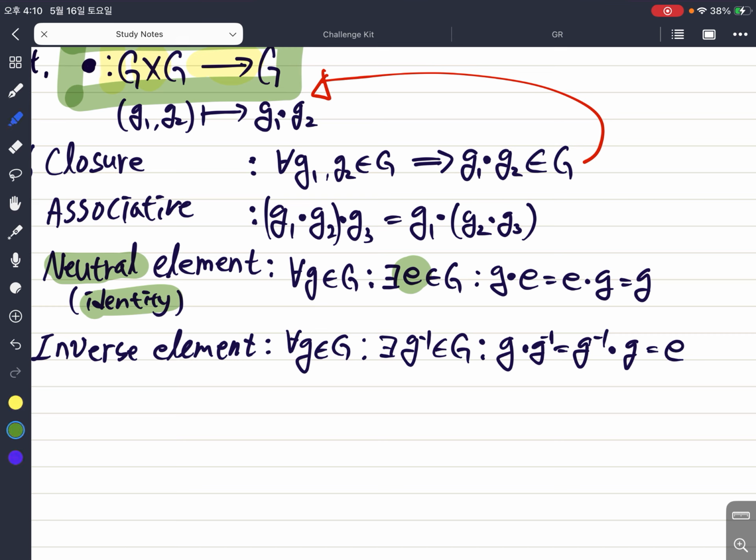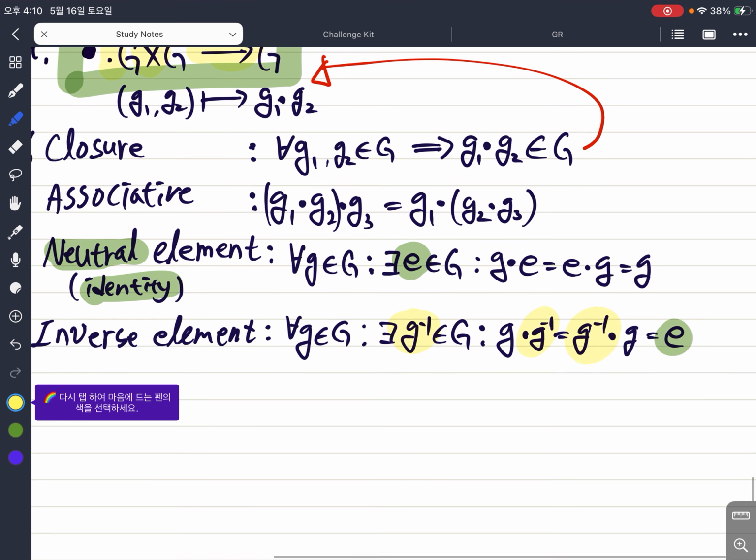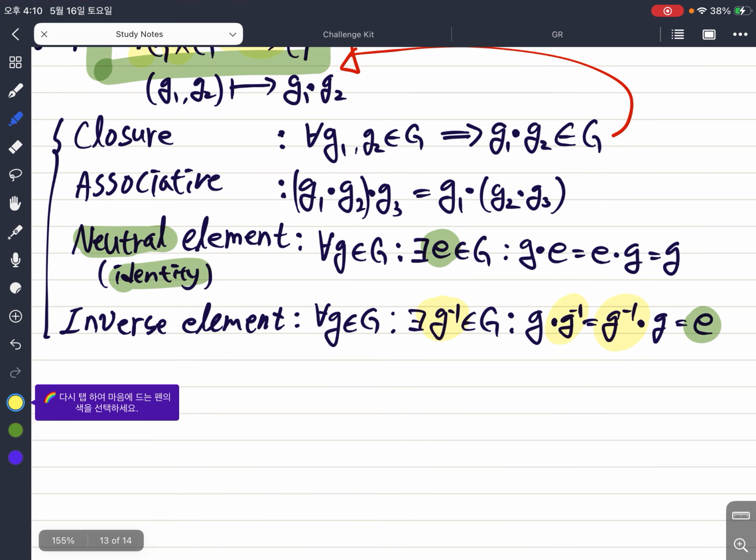So you get the identity element when you act with G inverse. This is sometimes called right inverse and left inverse, but I will not distinguish. So this is what you call the inverse element. When it acts on some group element, it should give just the neutral element.